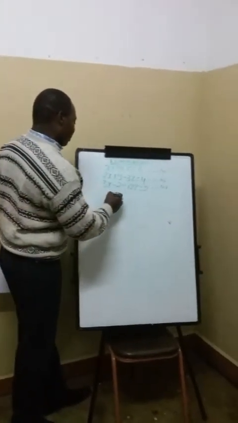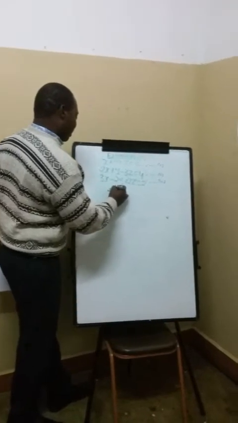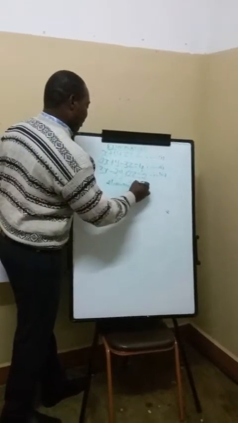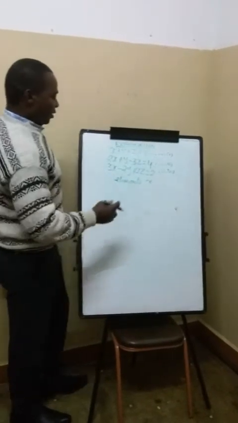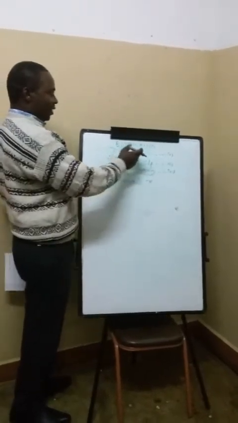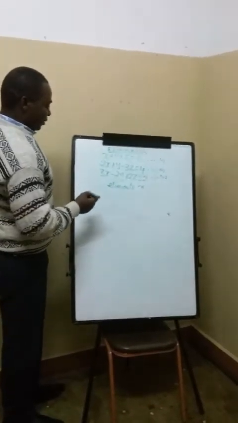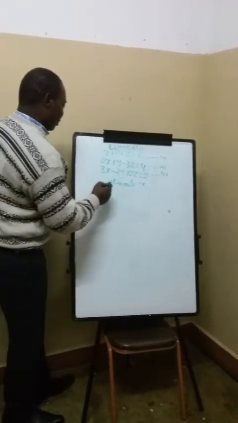So we are going to eliminate x. The x part will be eliminated, we shall remain with y and z, then solve in two variables. That will be extremely simple.